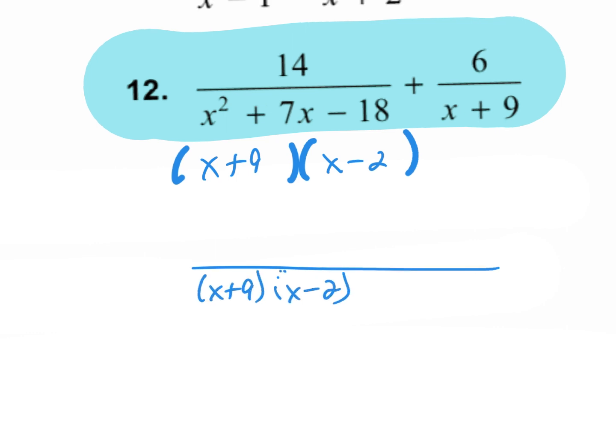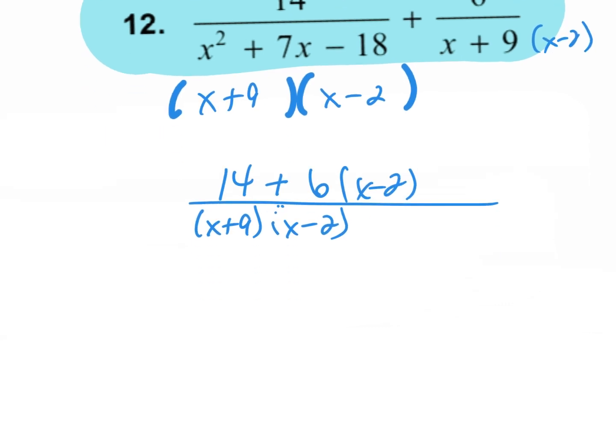Perfect. So my first fraction has both things, right? So I just rewrite it. My second fraction has the x plus 9. What is it missing? X minus 2. Very good. So, can I just cross off the x minus 2's now?